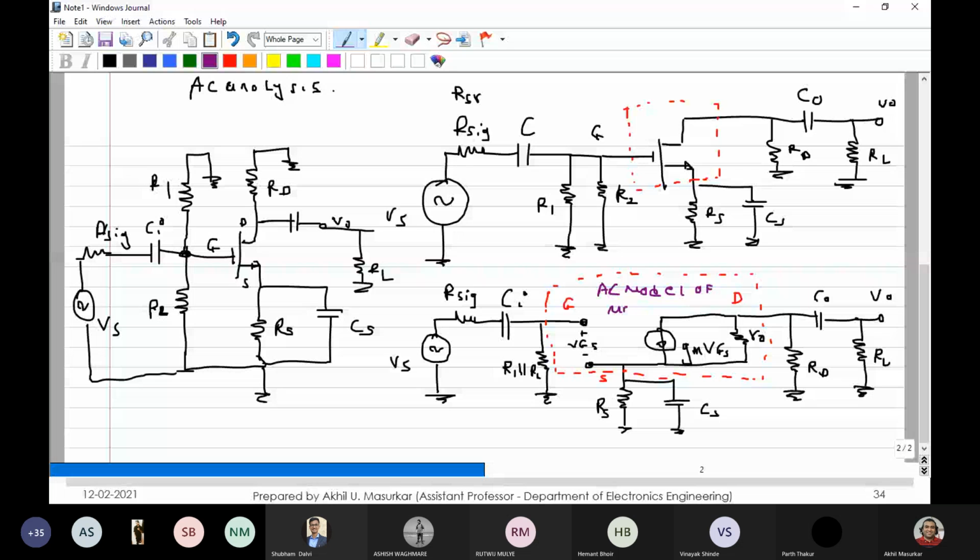So I'm just showing you a cleaner version of this circuit. What you will draw is this. You can see now here we have a Vin or Vs and RSR, CI, R1 parallel to R2, and here we have the gate.